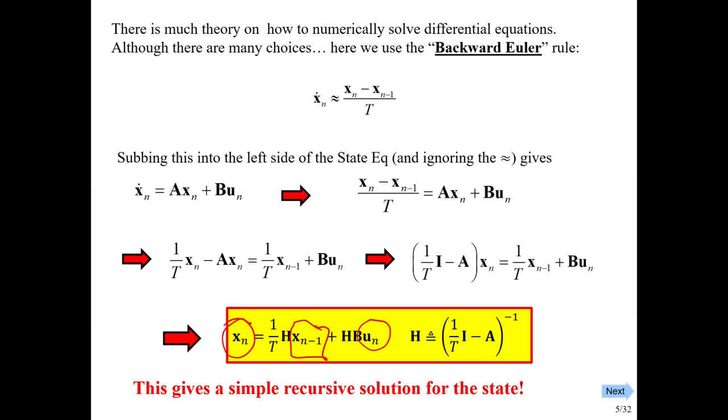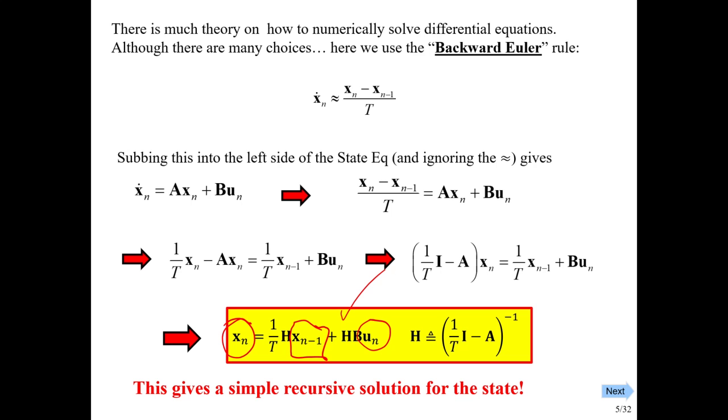And this is a recursive equation. It looks like a difference equation, except a vector version of a difference equation. So that's nice. We've gone from a set of coupled first order differential equations to a set of coupled first order difference equations.